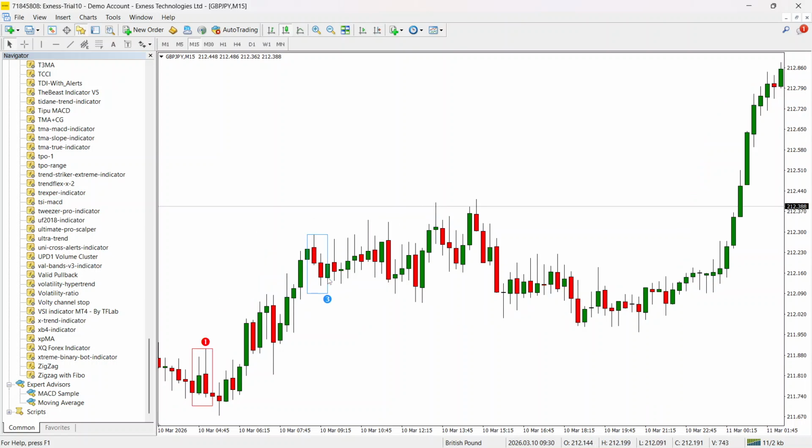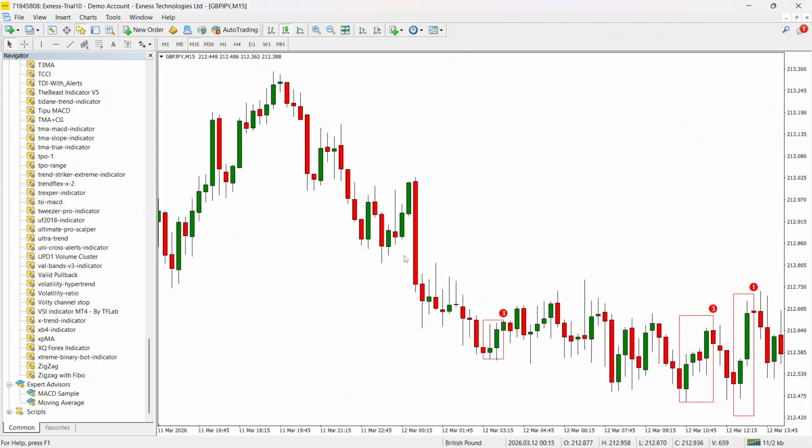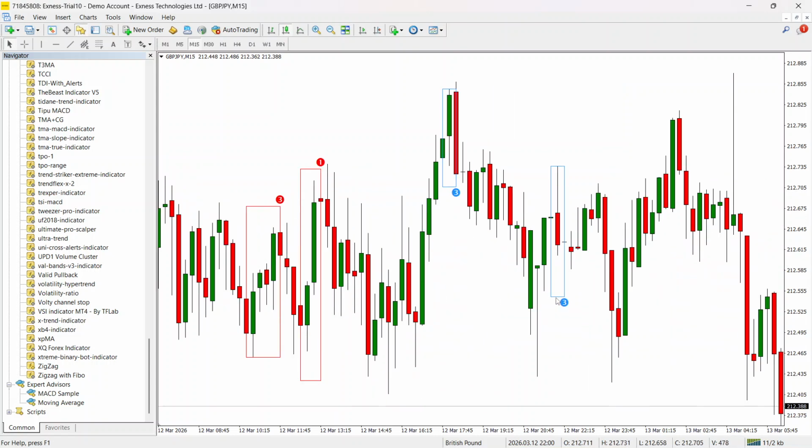You can see here a pullback followed by uptrend, a pullback followed by downtrend.